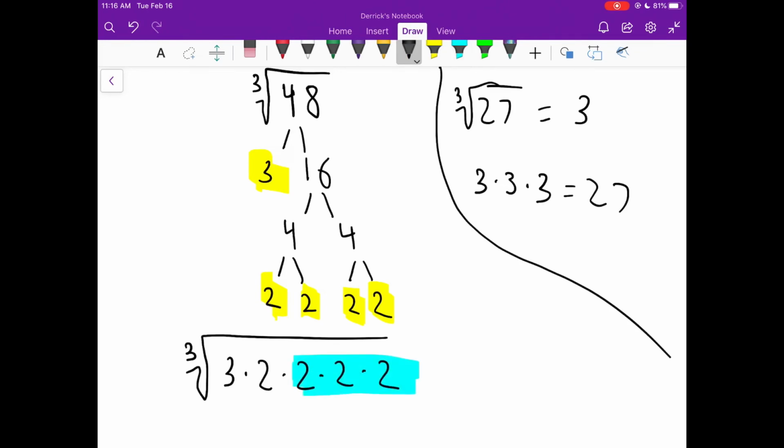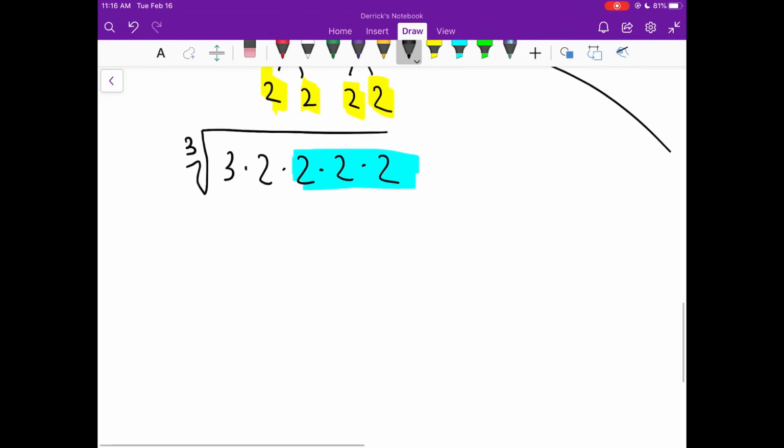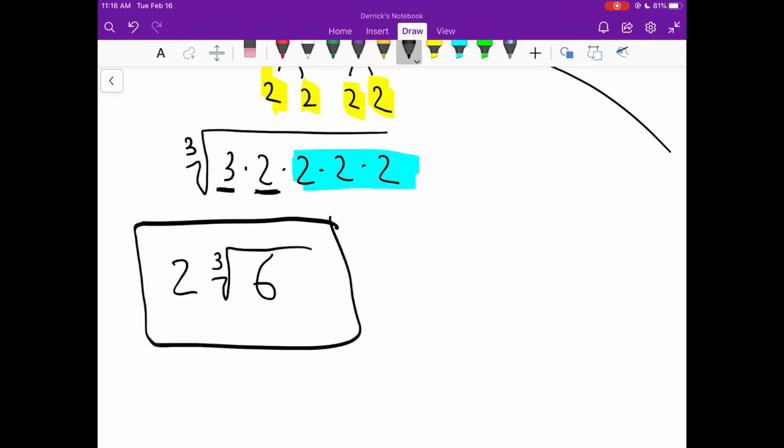And so because we have 3 2's, we have that trio, we can pull a single 2 outside of the radical. And what changes then is that now we have both a 3 and a 2 that are left inside. So 3 times 2 would give us a third root of 6, making 2 third root of 6 the simplified version of the third root of 48.